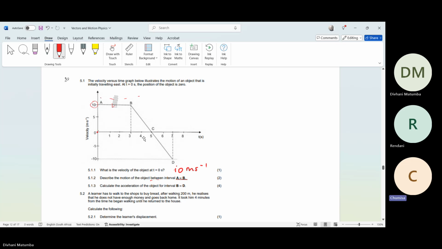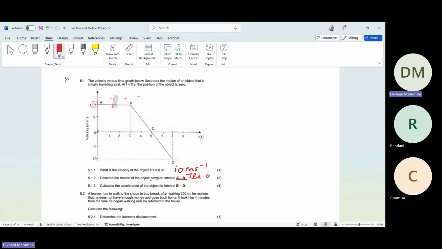The object goes 3 seconds east. Remember, when you are describing the motion, you have to describe the velocity. What is happening to the velocity? 10 meters per second of velocity goes 3 seconds east.